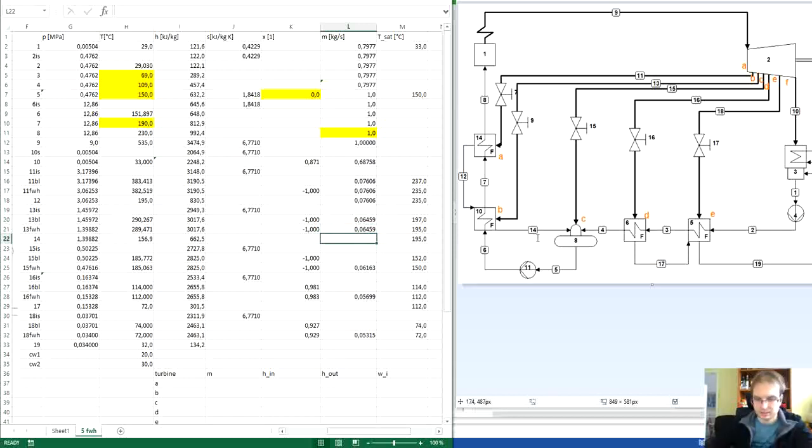Point number 14 is the sum of 12 and 13, so 13 plus 12.